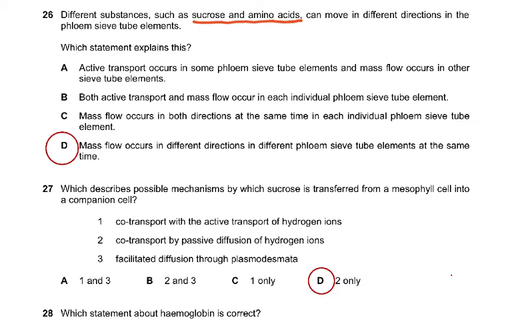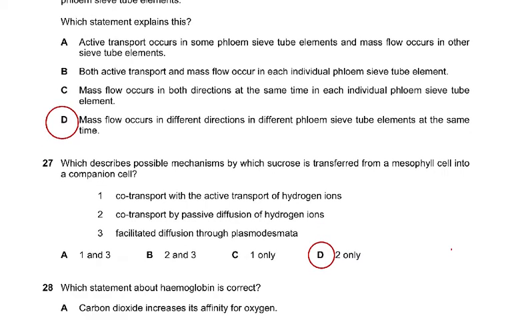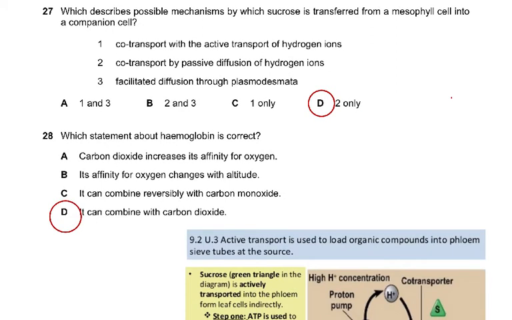So loaded and unloaded, unloading is of course not active transport, but the loading part is all active transport because the hydrogen ions are pumped out, then the sucrose is co-transported back into the companion cell and then into the phloem tube.